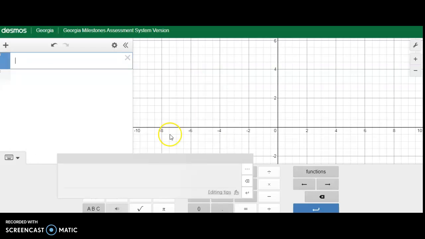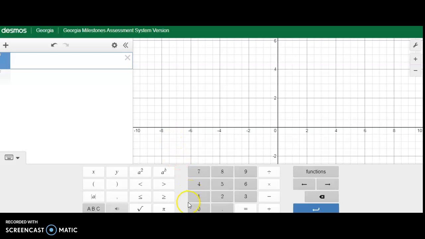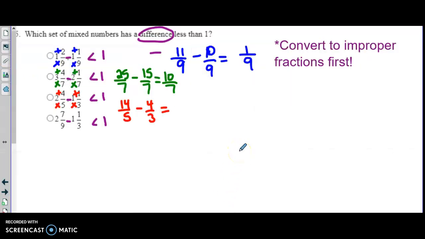Or you could type in 1 divided by 9, and that one is less than 1. Anytime your top number is smaller than, well, never mind. Yeah, that one's less than 1. I was going to tell you something that was not a true statement. So A, this one is our answer, because when we subtract them, we do get a value less than 1.